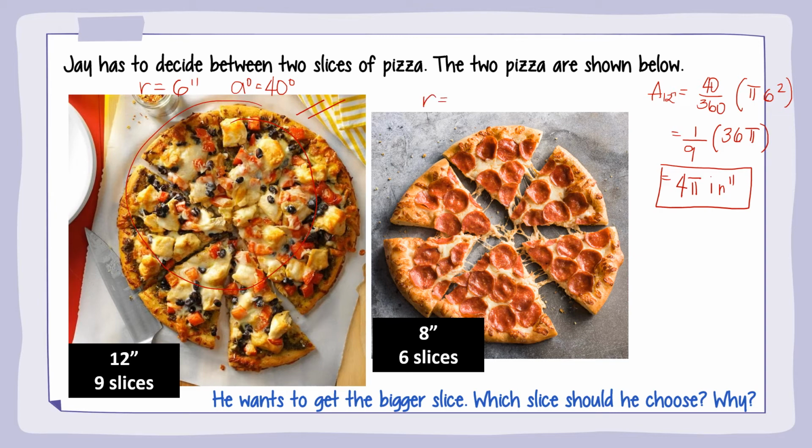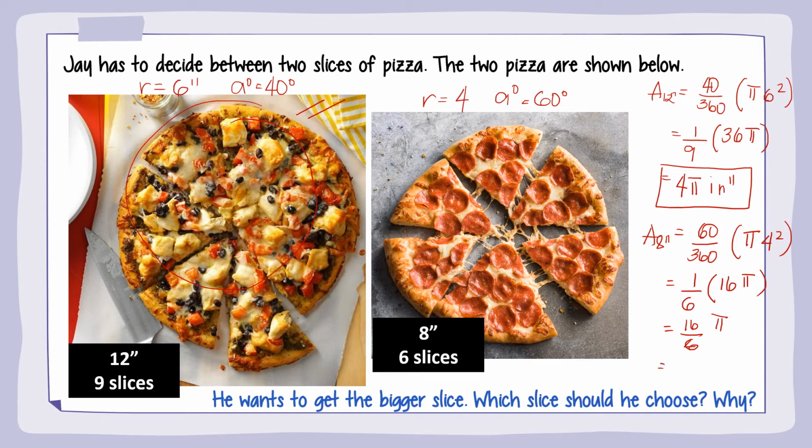Now, let's go to the second one. If we have 8 inches in diameter, the radius is 4. And what is the angle? Kung 6 slices siya. Yes, 60 degrees. So let us now compute. We have 60 divided by 360 times pi r squared. We have 1 over 6, 16 pi. 16 over 6 pi.